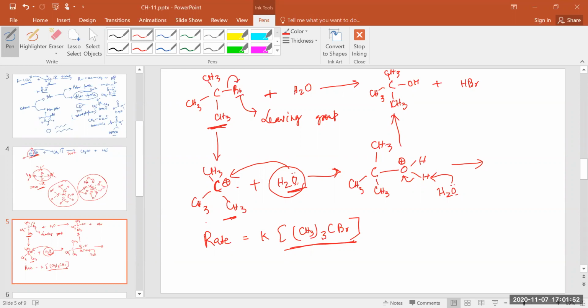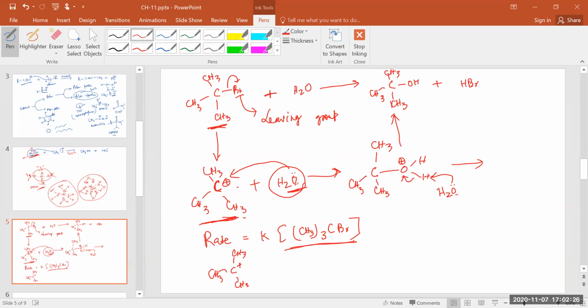Let's talk first about the carbocation. It is a tertiary carbocation that forms. When a carbocation forms, it should be stable. If it is not stable, then the reaction will be difficult. If you recall from chapter 7, carbocations are stabilized by hyperconjugation.